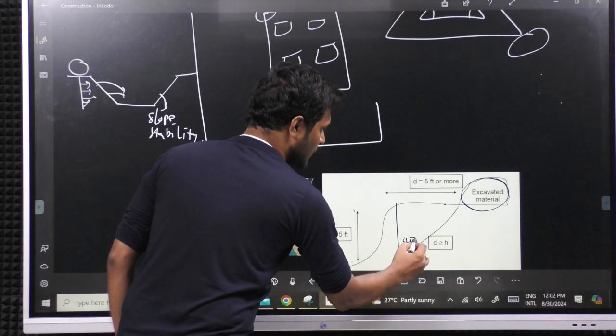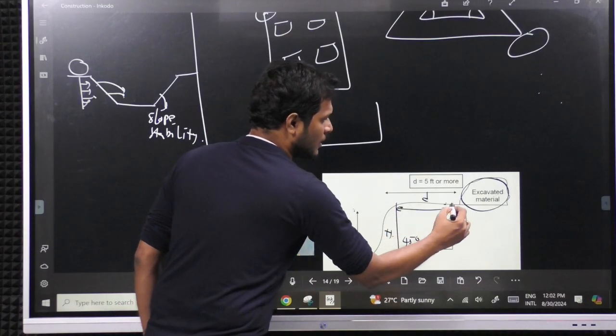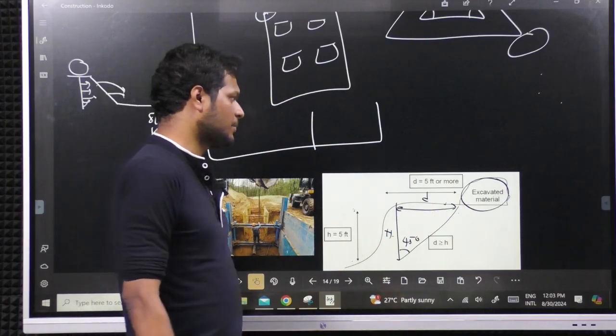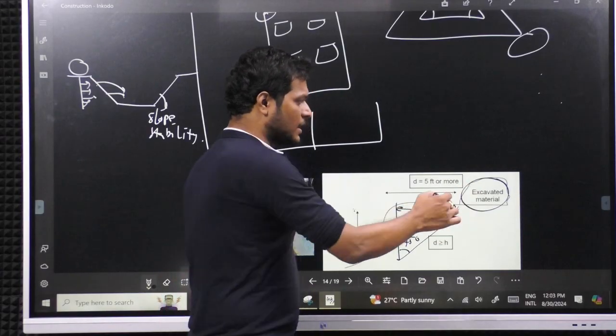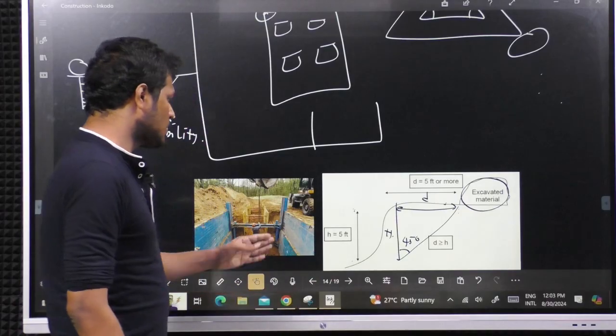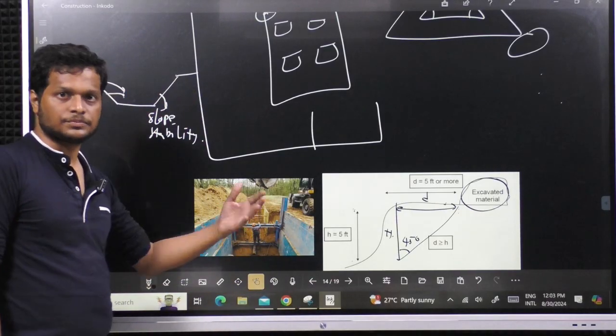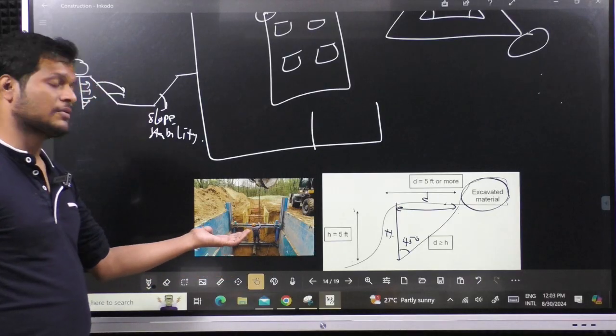At minimum at this distance the excavated material has to be placed, otherwise even during execution there is a possibility of the soil collapsing, which will create unnecessary incidents for the people who are working.